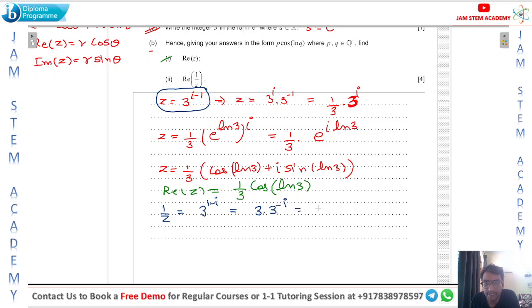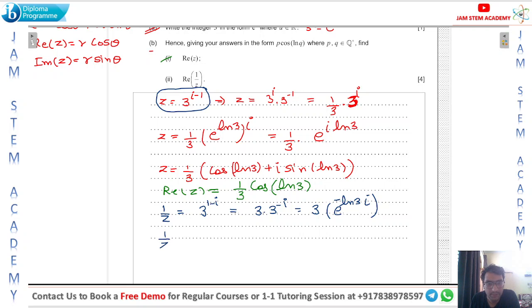That can also be rewritten as 3, then again replacing this 3 with e raised to the power natural log of 3, then negative i. So now we got our theta as negative natural log of 3.